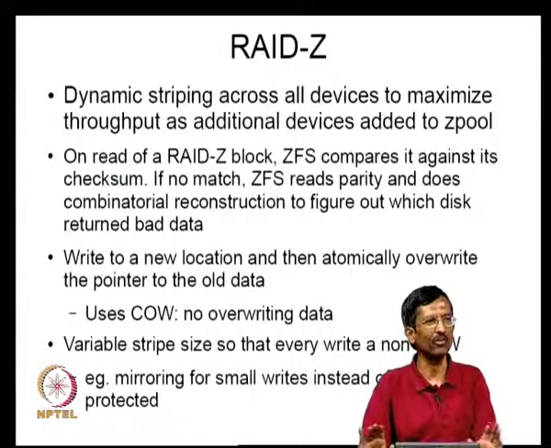You keep on varying the geometry of the RAID device that you are thinking about, and this information is known to the file system. The file system knows at this point in time, because it's an integrated design, I am writing 64 kilobytes, therefore I know that it's not really the full stripe write as would be done by a regular write.